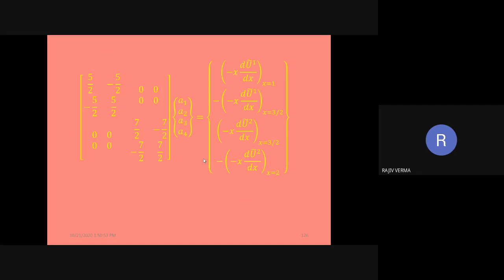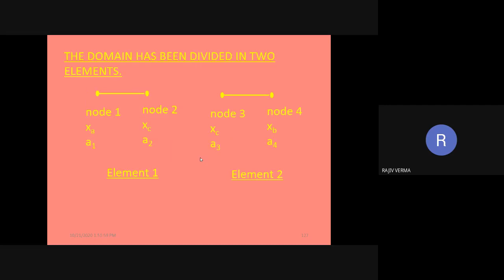Now in the next slide, we are going to impose the condition of continuity between the two elements. Now the domain has been divided into two elements. On display are the two elements with their nodes and the location of the nodes also.